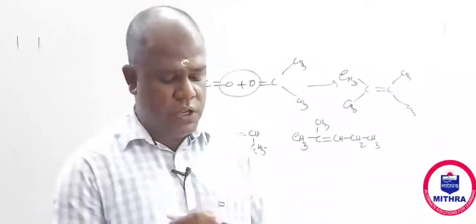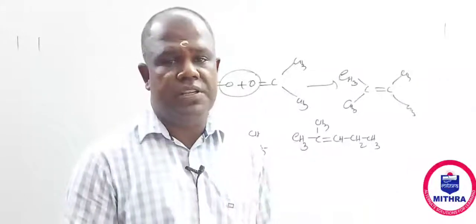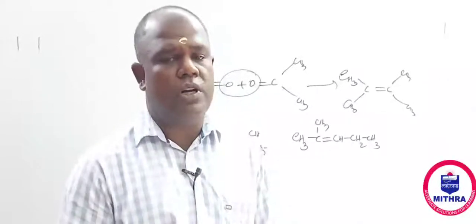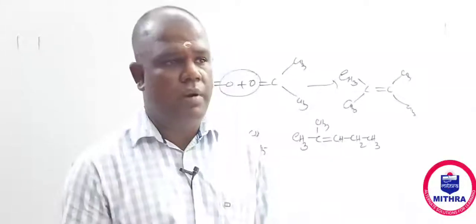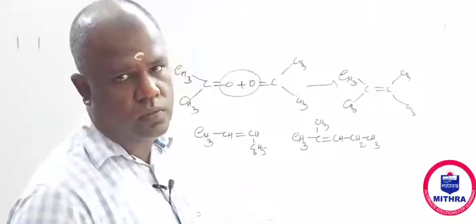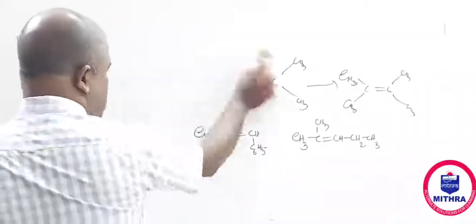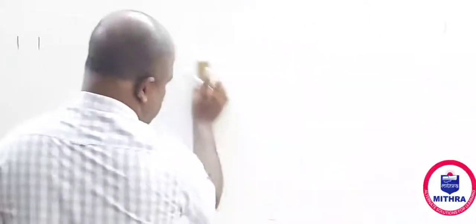Alcoholic KOH and NaNH2 both are used for dehydrohalogenation, but double bond formation is more promoted by alcoholic KOH. Triple bond formation is more promoted by NaNH2. Both the reagents are used for the same purpose. Anyway, there is a selection. Single bond can be transferred to double bond by the better reagent alcoholic KOH. Double bond can be transferred to triple bond by NaNH2.